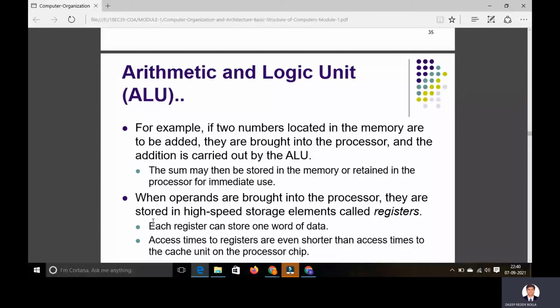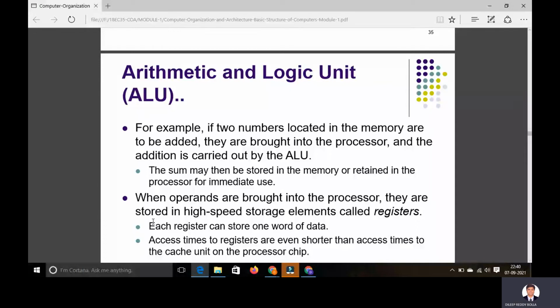And take the next point. When operands are brought into the processor, they are stored in high speed storage elements called registers. So these operands are stored in a high speed storage, which we call what?